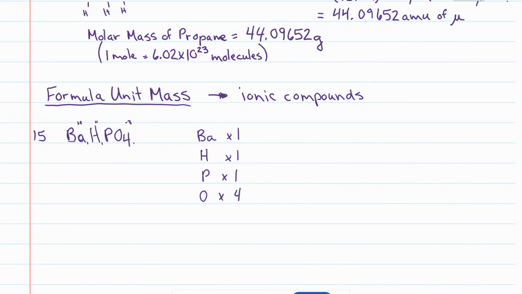Okay, so if we're going to look up from our periodic table, we are going to look, and barium is 137.33, hydrogen is 1.00794, phosphorus is 30.97376, and oxygen is 15.9994 times 4.